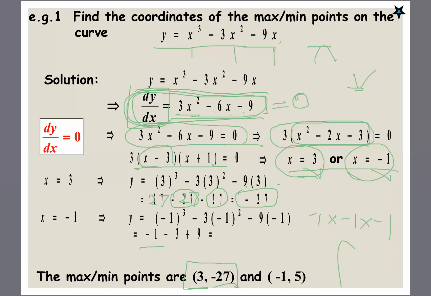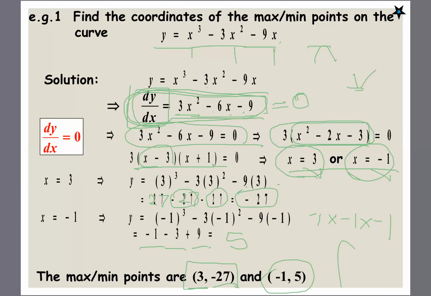Next, minus 1 squared becomes plus 1, and multiplying it by minus 3, then minus 3. And finally, minus 9x, that means minus 9 multiplied by minus 1, so it becomes plus 9. So finally the answer equals 5. So the second coordinate point is, when x equal to minus 1, y equal to 5.